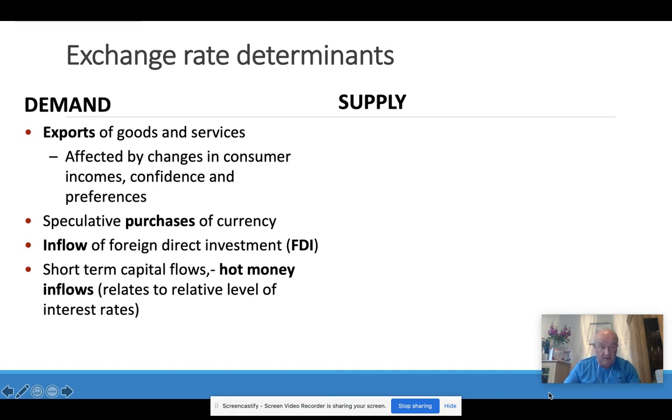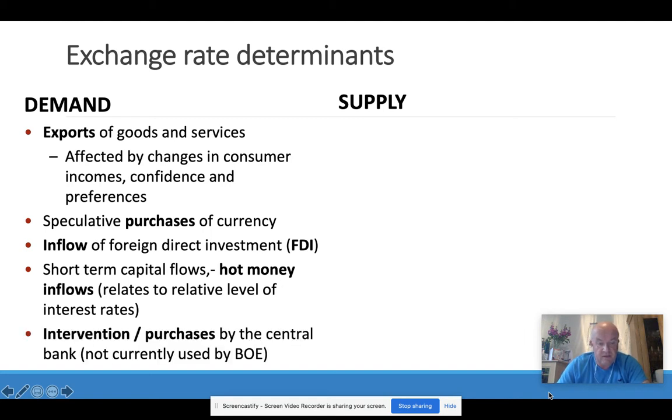So if our interest rate is at a higher level than the country that the organisation or the individual is based in, they might choose to move their money from one currency into another, because clearly they are going to make more money based on the interest rate being higher in one country than another.